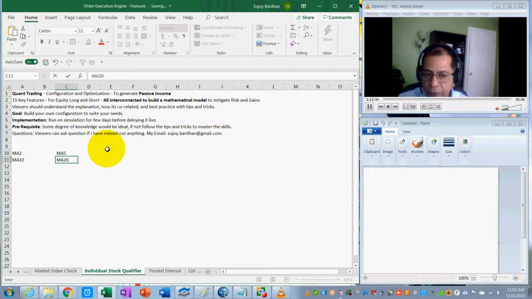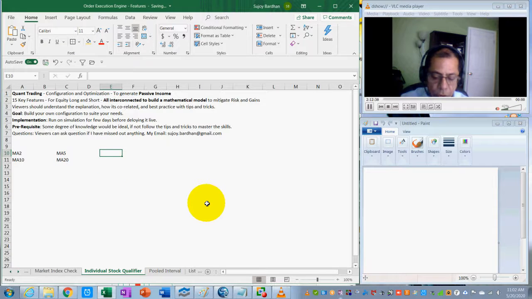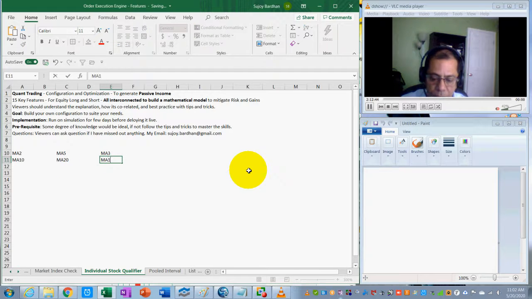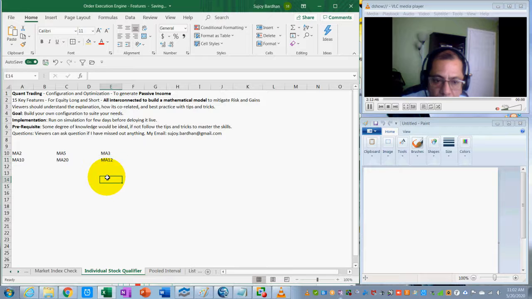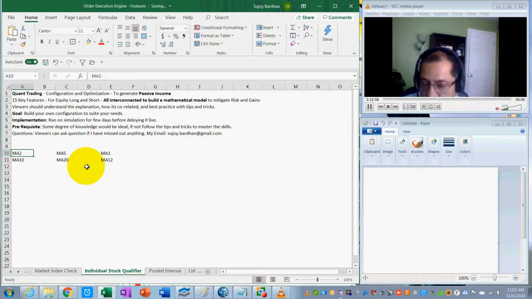It all depends on your research from your fact findings. So you can look into MA3 over say MA12. What it means is you're looking into the price movement for the closing price for the last two bars versus the last 10 bars, from the closing price.